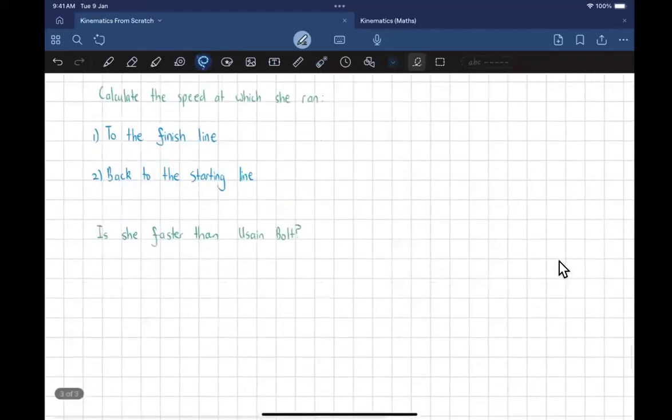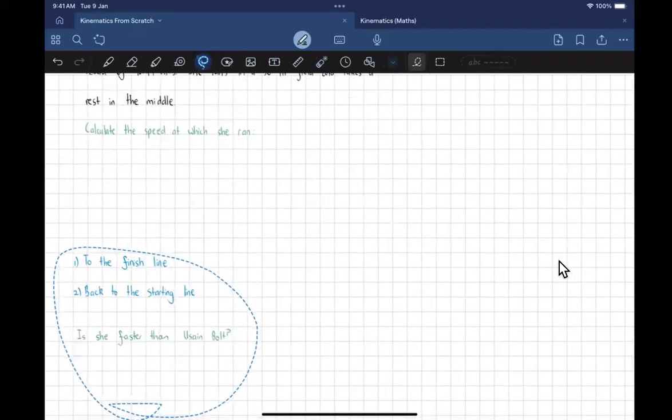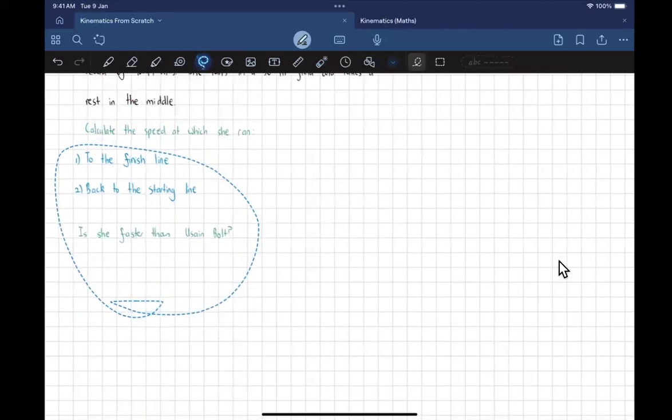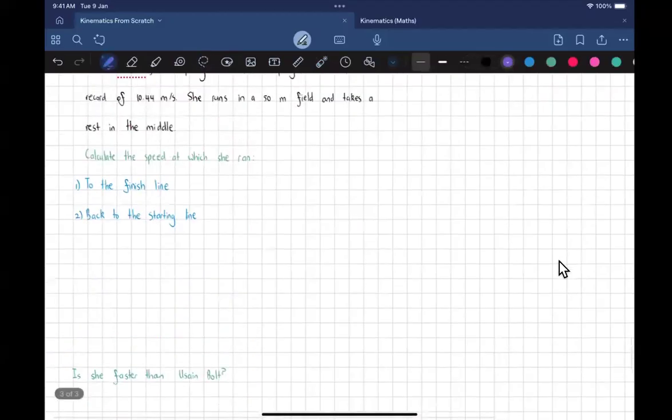Let's answer the questions in a full mathematical way, so that we get full marks. If we want to calculate speed, anytime we are given a displacement time graph, you find the speed using the gradient. Let me write that down.